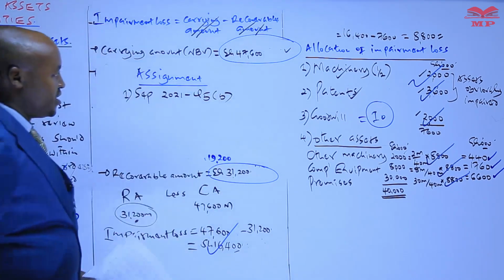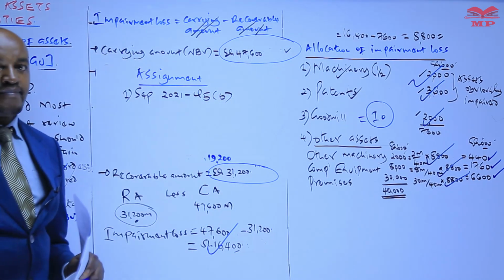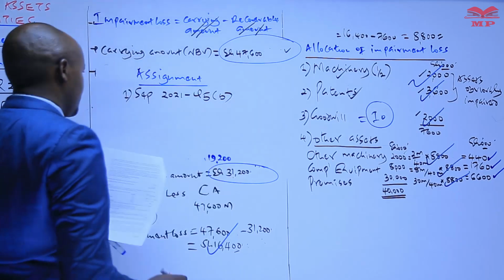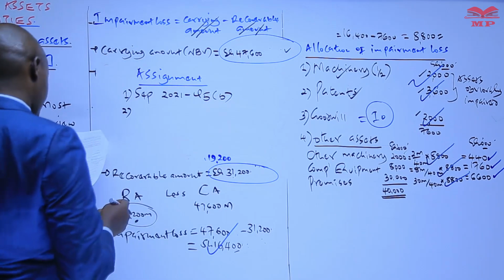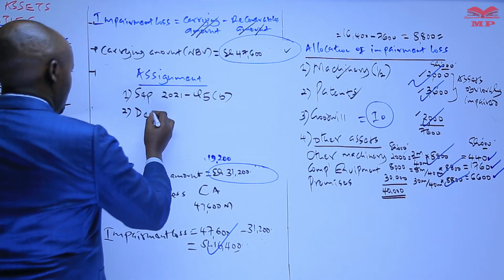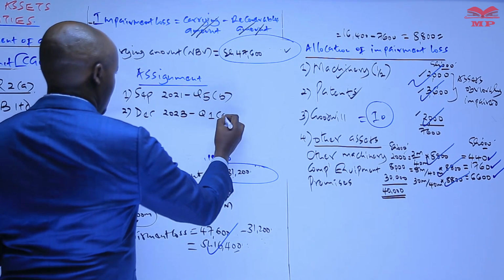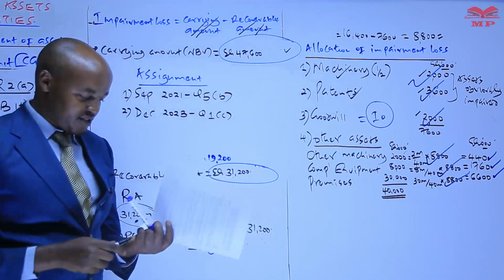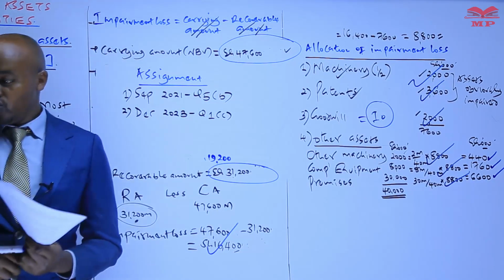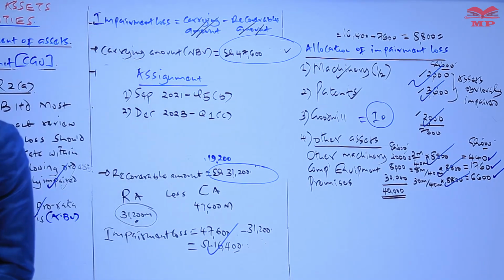This question was requiring the computation of impairment loss for 2 cash generating units. And then we have another question for December 2023, which is question number 1C. Make sure you attempt those 2 questions.